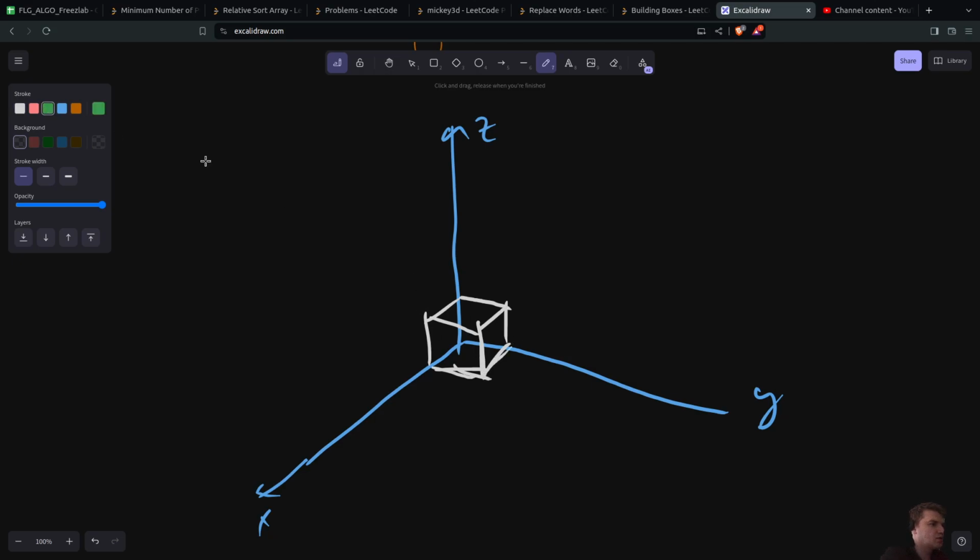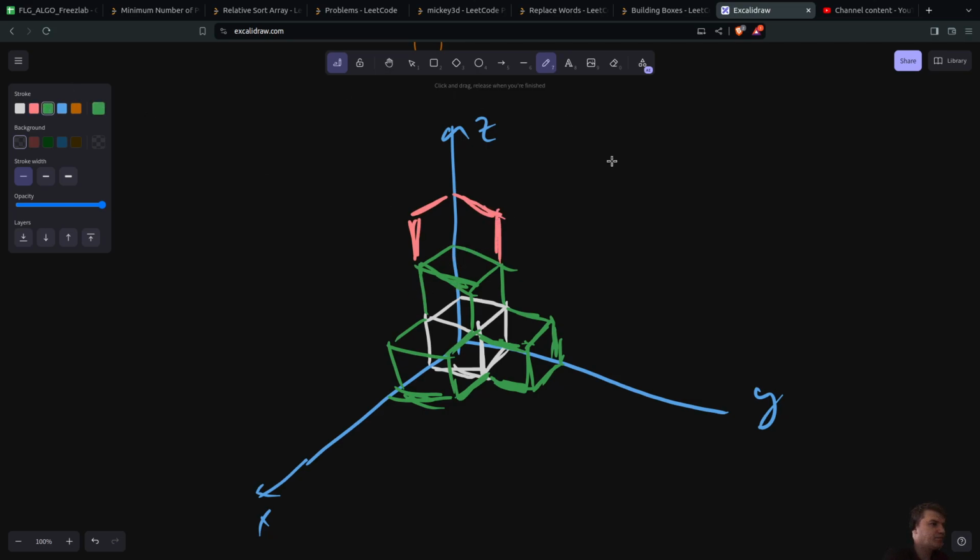One box, two boxes, say. Then let's build another layer and then I'll start explaining.